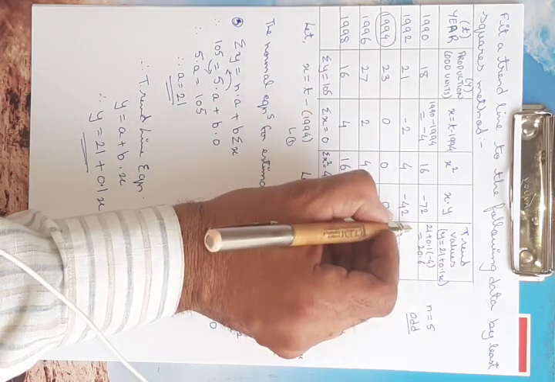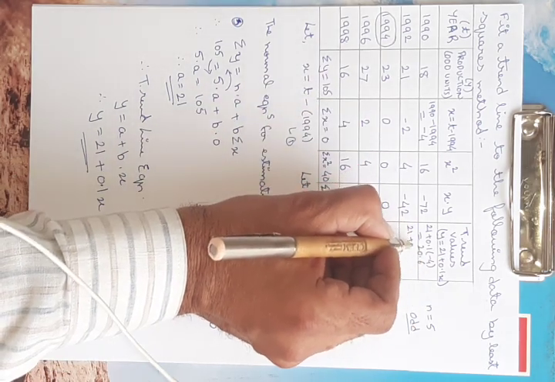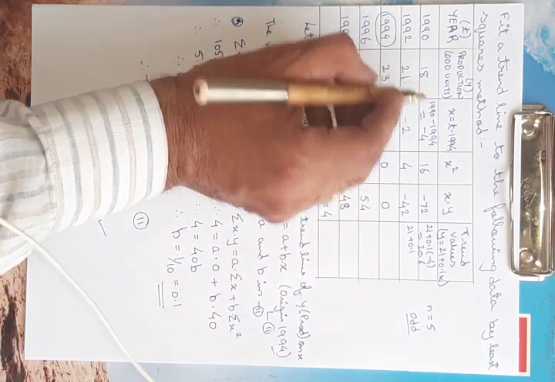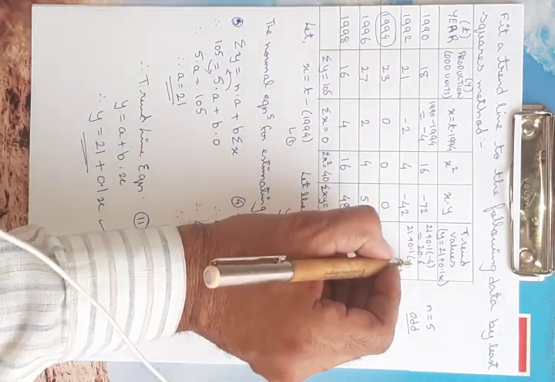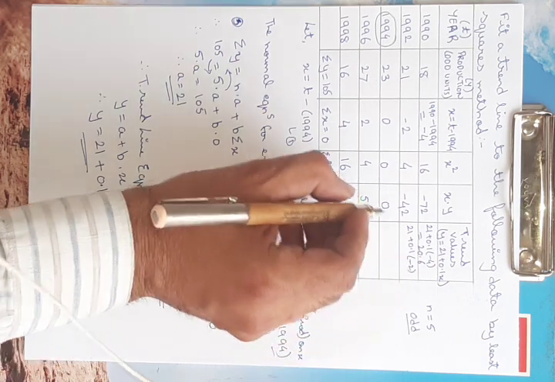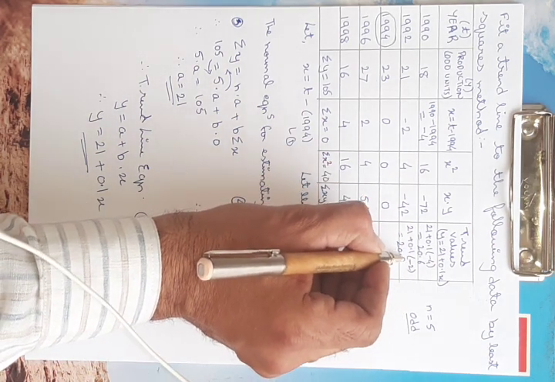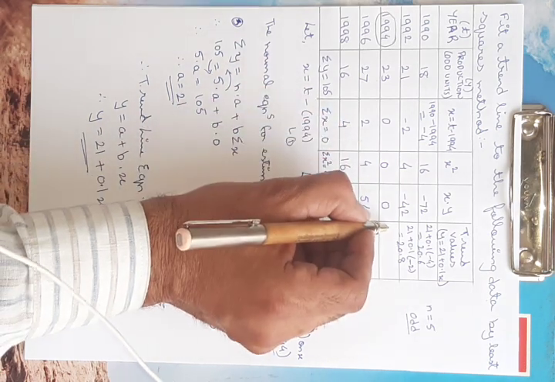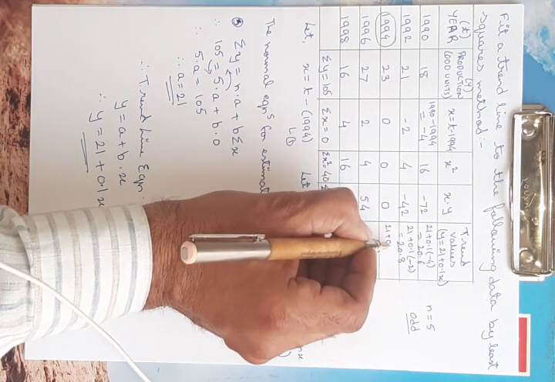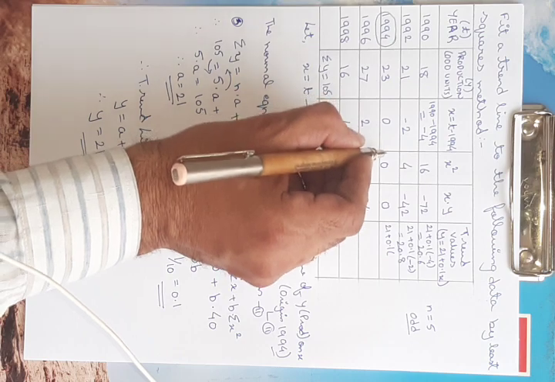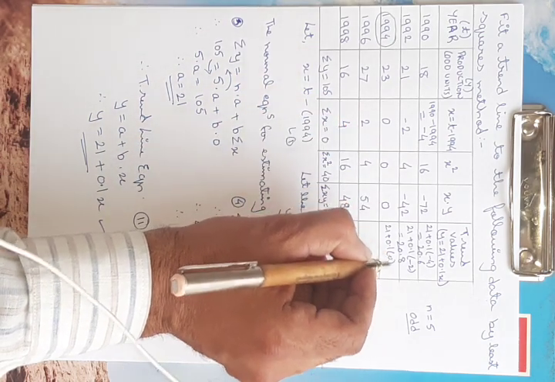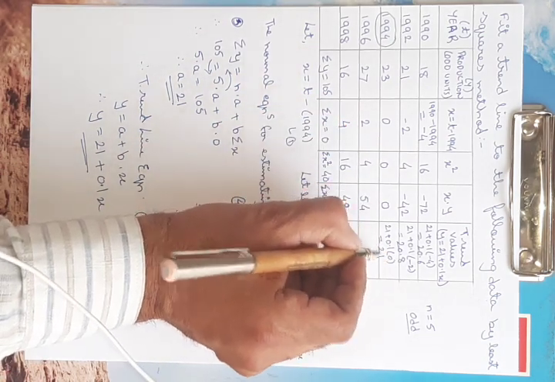Next, 21 plus 0.1 into x, where x is minus 2. This value comes out to be 20.8. Next, y is equal to 21 plus 0.1 into x, where x is 0, so this value is straight away 21.